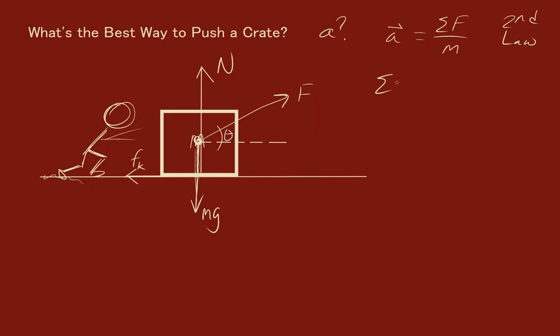And by definition, net force is equal to the vector sum of all the forces acting on the object. So let's take a look here. If we are accelerating forward, then we can see that the net force should be equal to the x component of our push minus the friction.